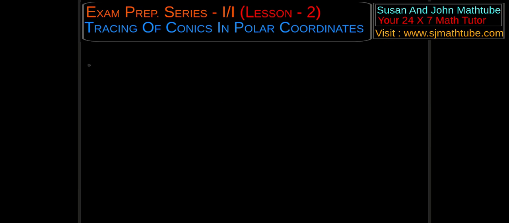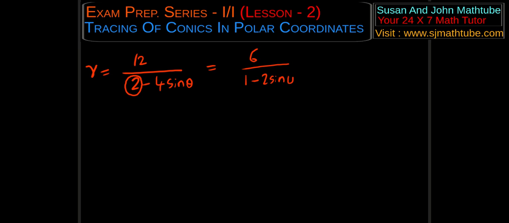Describe and sketch r is equal to 12 divided by 2 minus 4 sine theta. So what to do first? We have to make it 1, and to make it 1, we have to divide throughout by 2. So this becomes 6 by 1 minus 2 sine theta.